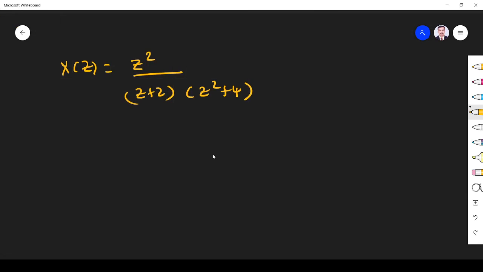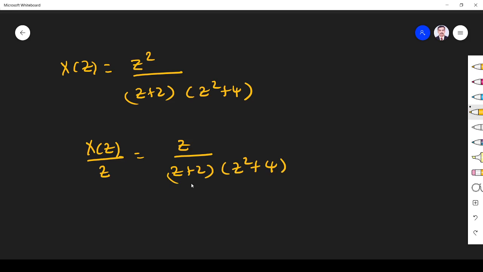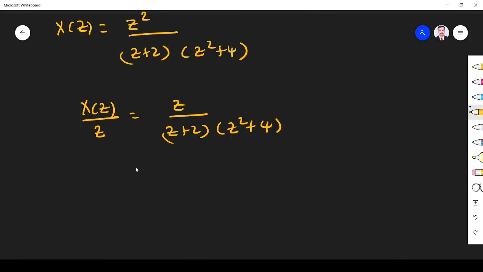This will be a very nice problem. Fine. So as usual, I want X of z by z. So this z square I split as z into z. One z I bring here. So I want X of z by z, which equals z by z plus 2 into z square plus 4.